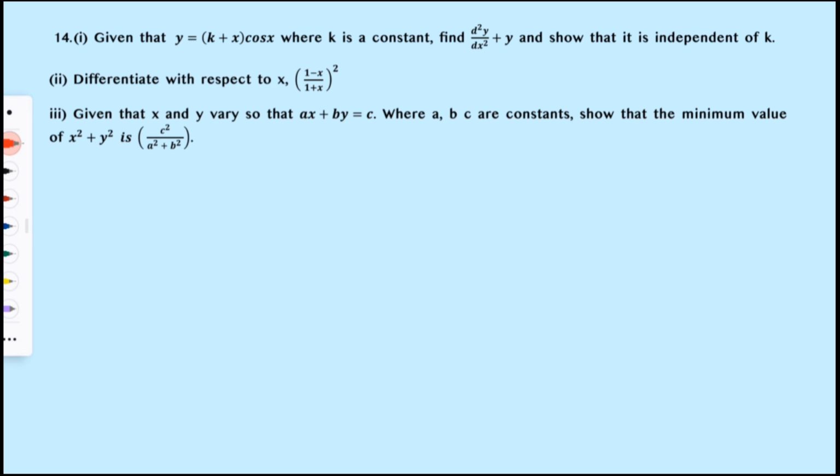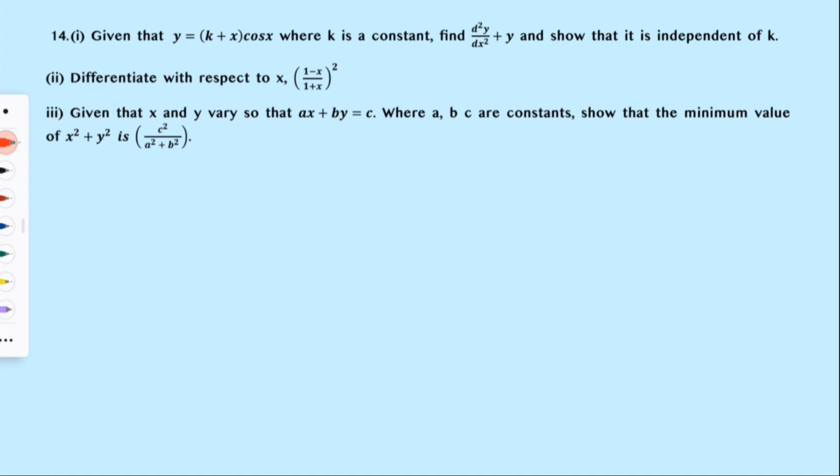Okay, let's get started. So we want to first of all find d squared y by dx squared. It means we're going to be differentiating this twice. We know that y is equal to k plus x cos x, and we can see that is the product of two different functions, so it's always easier to use the product rule.